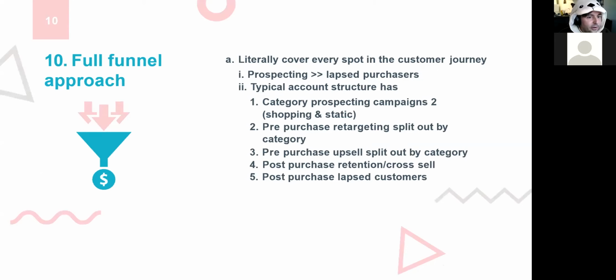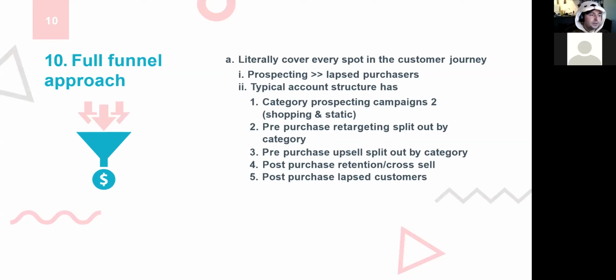Cool. And then, going back to cross-channel success, you want to make sure both Facebook and Pinterest have the full funnel covered. What that looks like on Pinterest is having audiences and messages all the way from prospecting to lapsed purchasers. A typical account structure on Pinterest will have 2 category-based prospecting campaigns, 1 shopping and 1 single pins or, quote unquote, static.